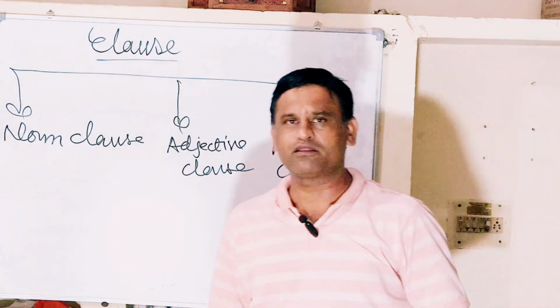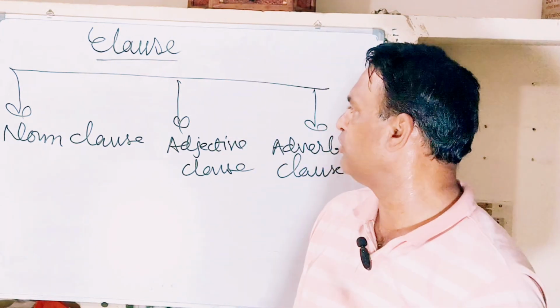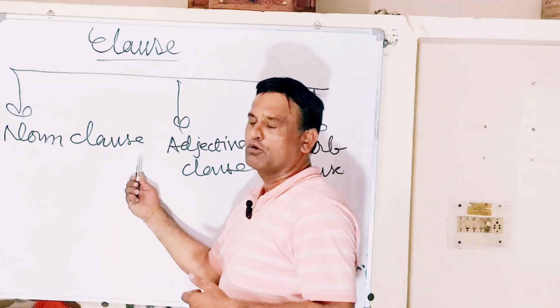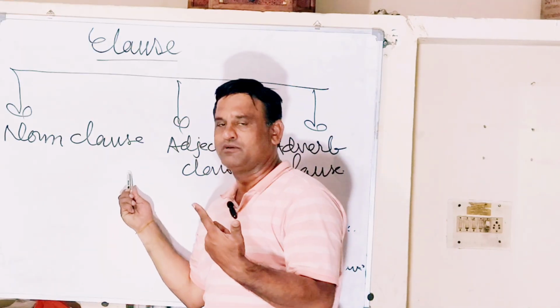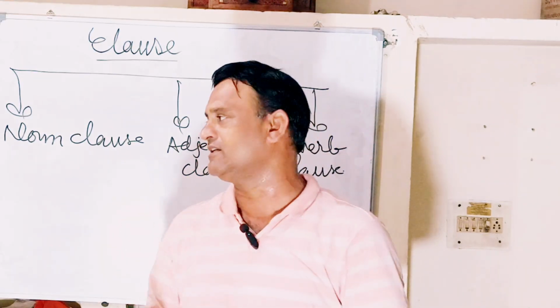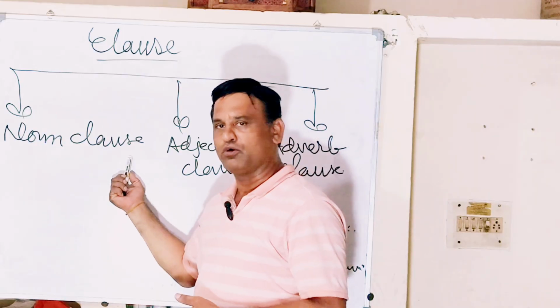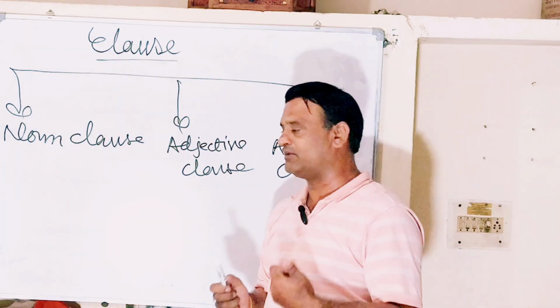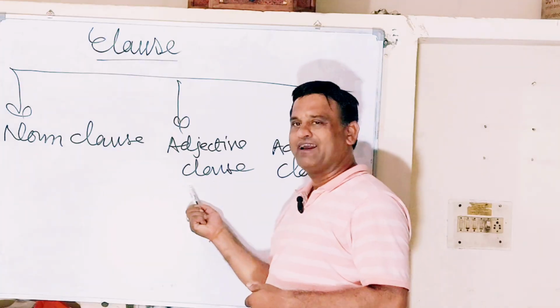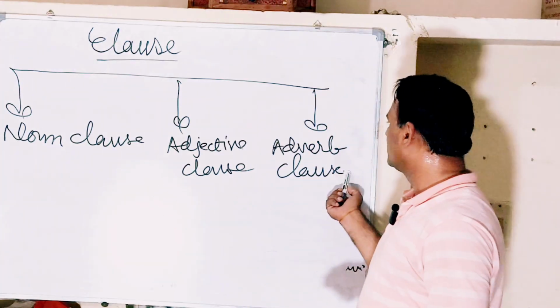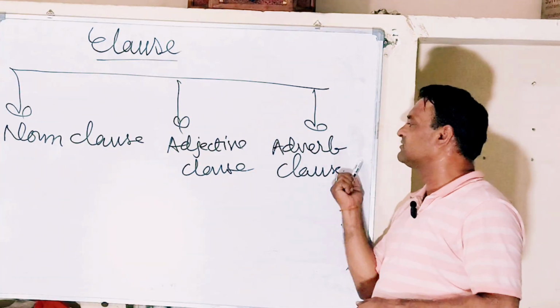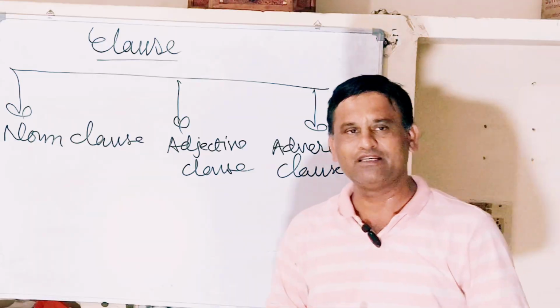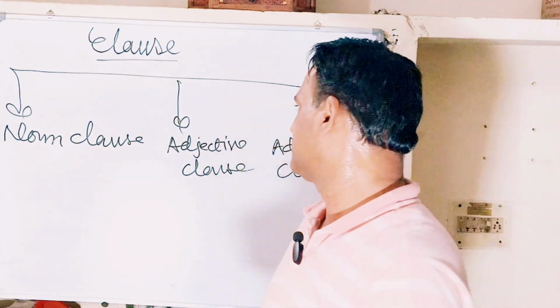The clause that functions as a noun is known as a noun clause. The clause that functions as an adjective is known as an adjective clause. And the clause that functions as an adverb is known as an adverb clause.